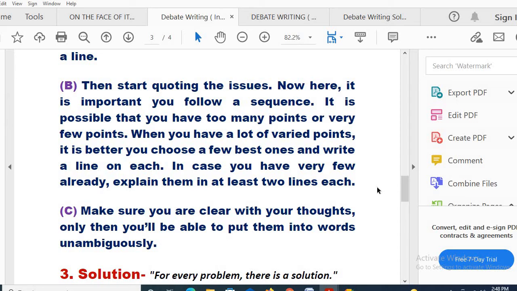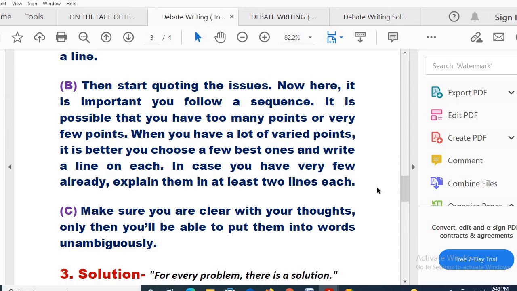But remember, those points should not be wrong points. Those points should be logical points. Those points should be rational, because debate is all about argument and counter argument. But remember, the one who is stating and the one who is arguing, both are doing so in a very polite manner, and both from their perspective are logical.